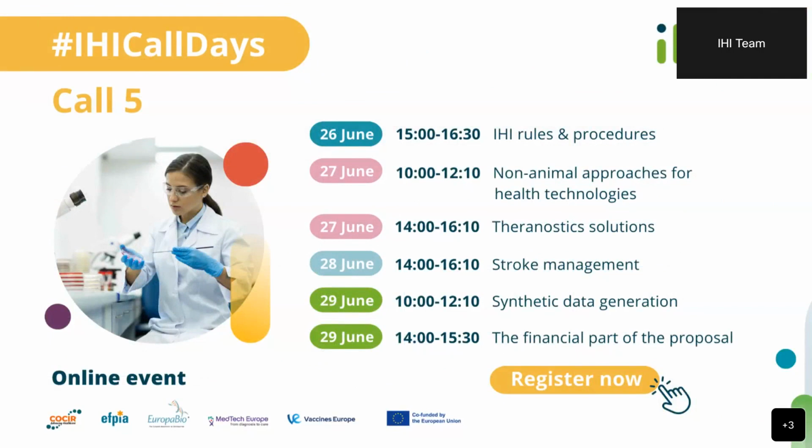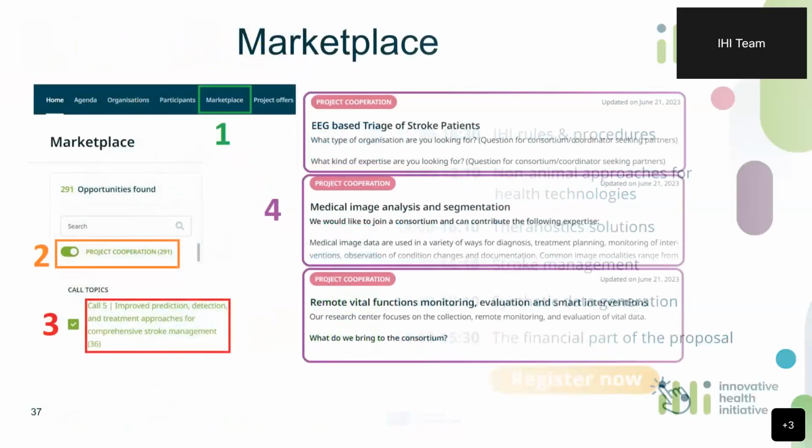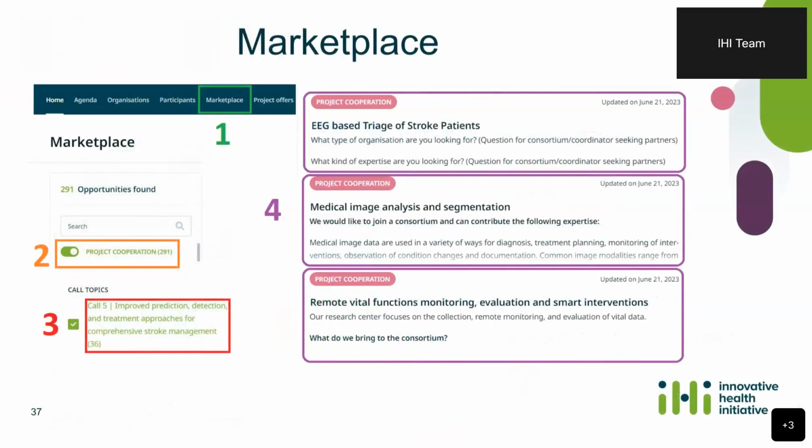You can do it also via the platform. And also make sure that you use the marketplace to find all the project ideas that are already encoded in the platform. You just have to go to Marketplace on the main menu tab in B2Match.